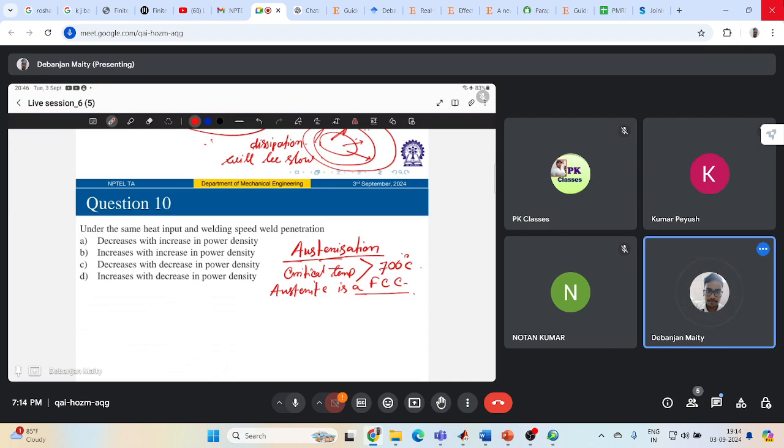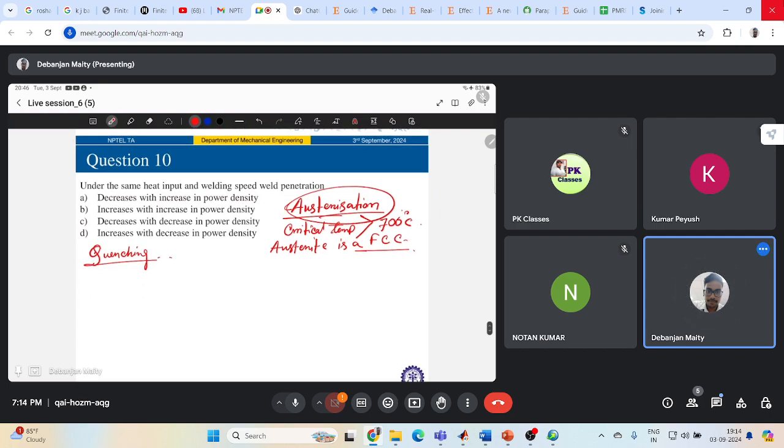So whenever you do this austenization heat treatment, the steel structure will change initially from ferrite or pearlite to austenite. Then you do quenching. What do you do in quenching?